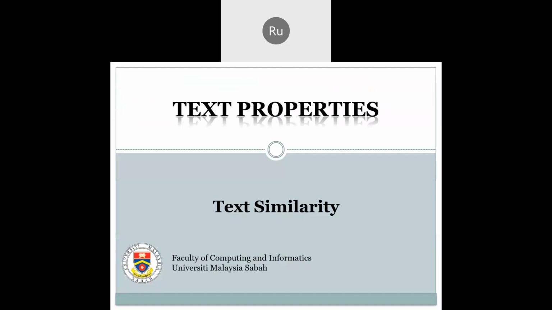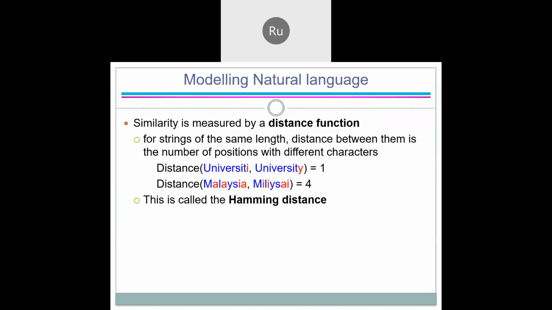Okay. And now we go to text similarity. How do we measure the text similarity that we have? The first one is the distance function. This is for strings of the same length, so the requirement is you must have strings with the same number of symbols.